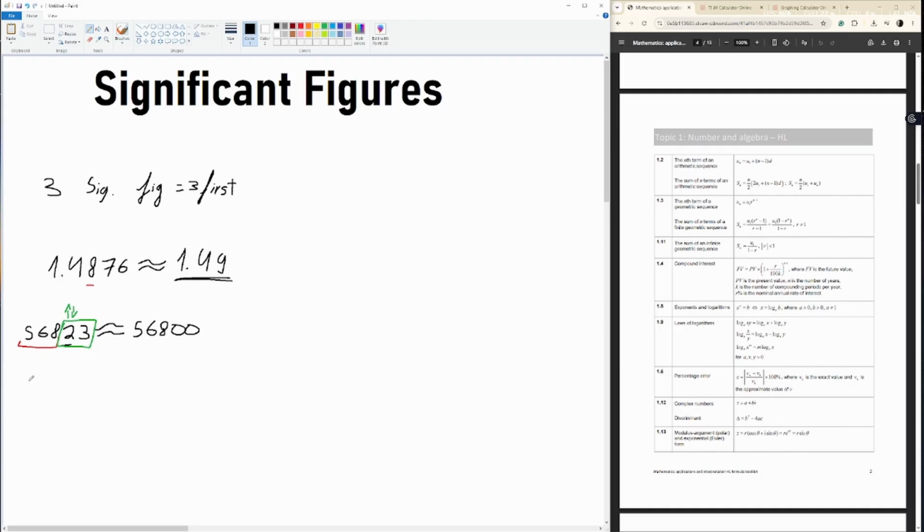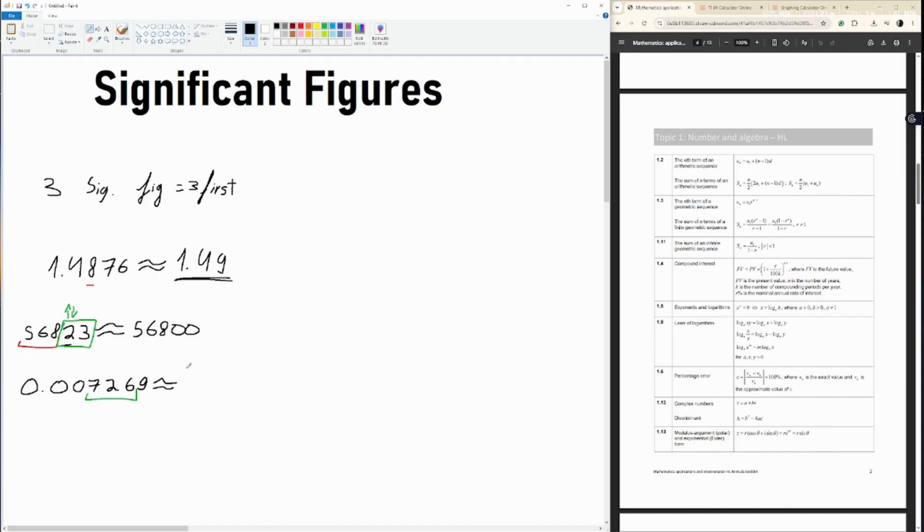Another factor that you might be wondering is, what if we have a very small number? So let's say we have a number like this. Then you just start your 3 significant figures when the number starts.